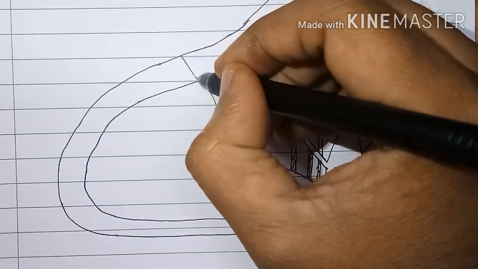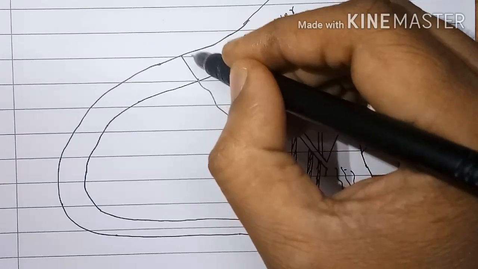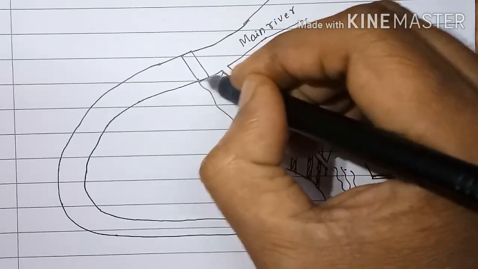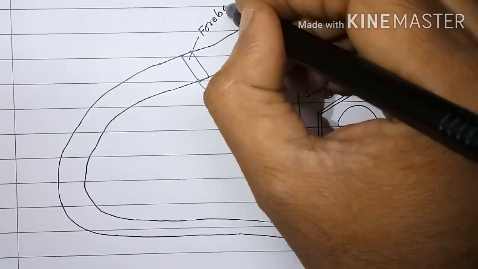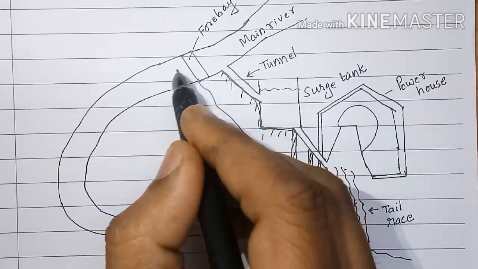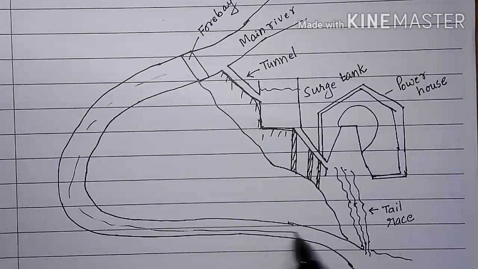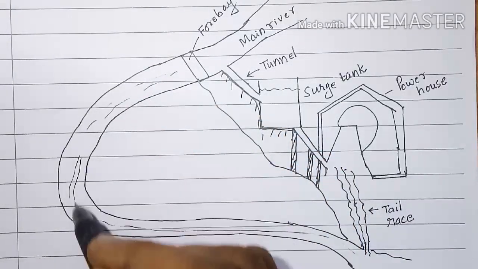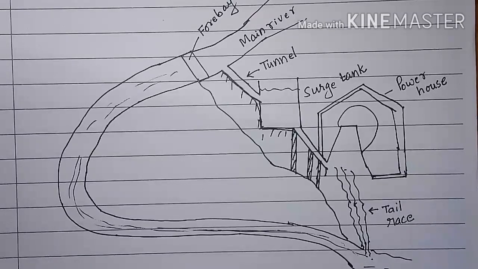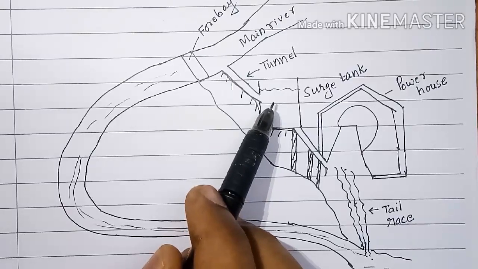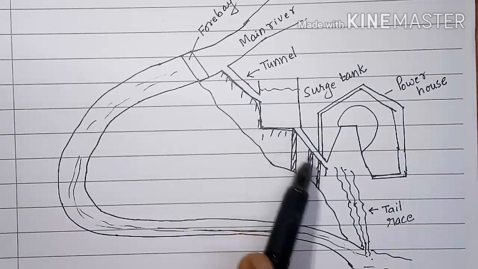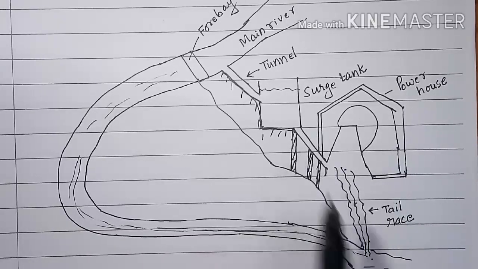If required here, one forebay may be constructed. Now, the water that is diverted will enter into surge tank here, and from the surge tank water flows into turbine through a penstock.